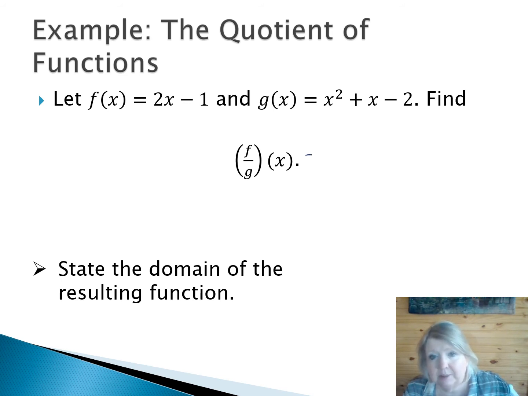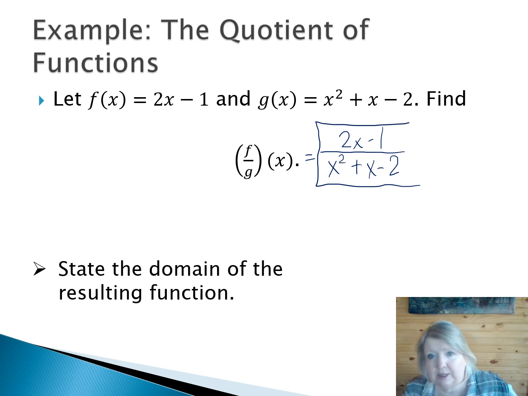But when I actually perform the division, f, 2x minus 1, over g, x squared plus x minus 2. Now, I don't know about you, but I can look at that and tell you I'm not going to be able to simplify it because there's no way 2x minus 1 is going to be a factor of that denominator. So I might be a little lazy and go ahead and box it in, but I'm still going to have to worry about that denominator.